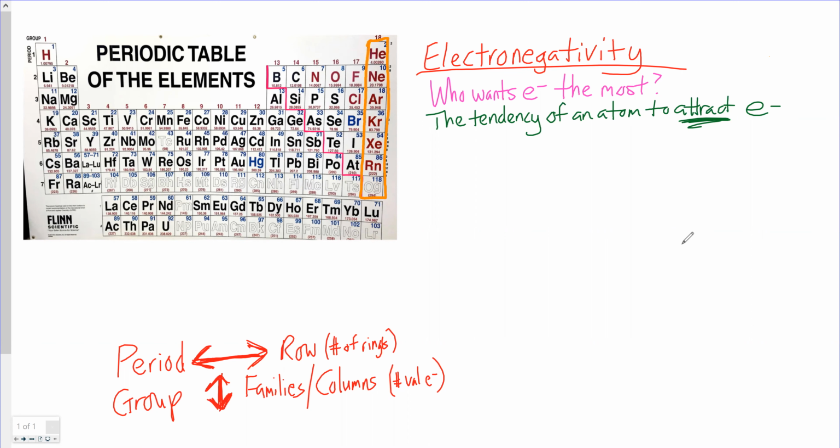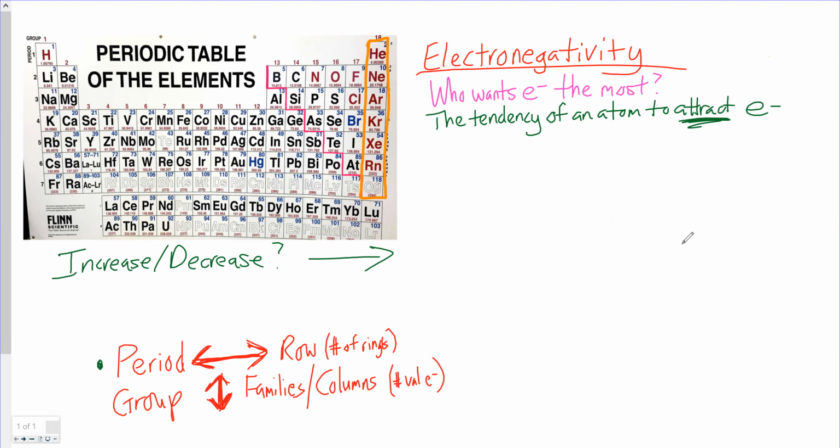So my first question to you, I want you to think about is, if we were looking at a period, okay, which goes left to right, the question is, does it increase or decrease? Let's just say increase or decrease going towards the right, okay?